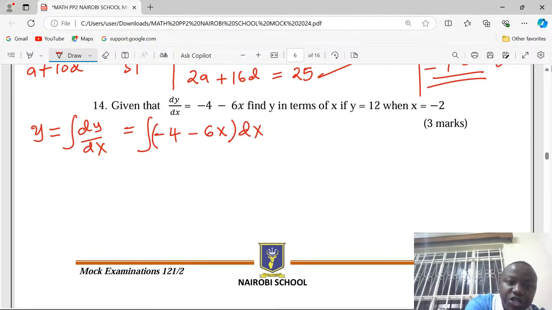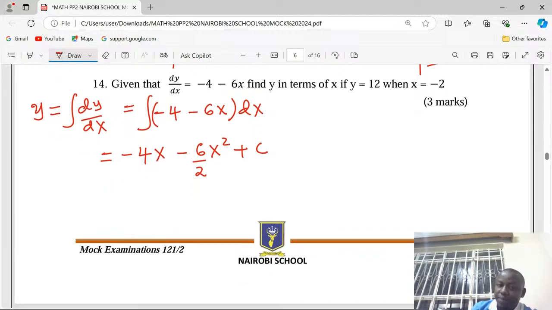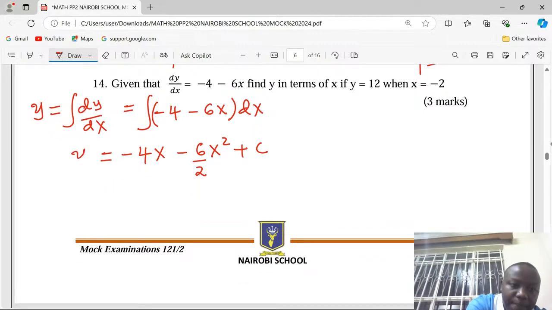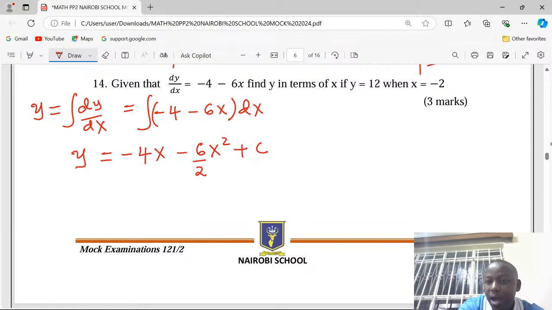And this is going to give us, when we integrate at this point, negative 4, and x is introduced, minus 6. x now becomes power 2, and we divide by 2, plus the arbitrary constant c. This is equal to y. So we have the general equation. But with the general equation, we are given y equals 12 when x is negative 2.